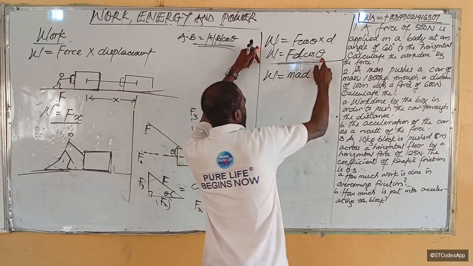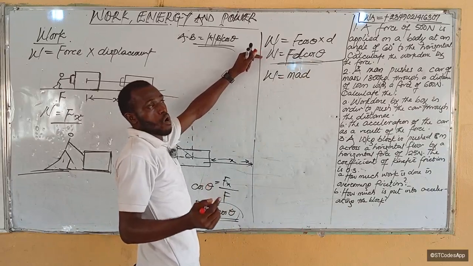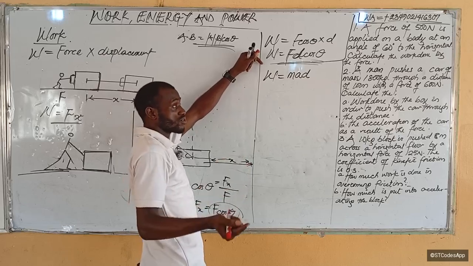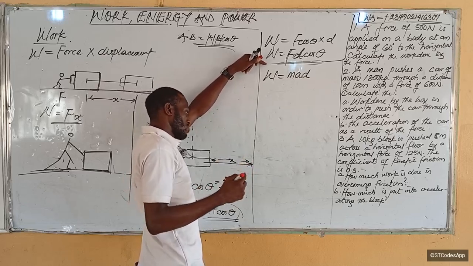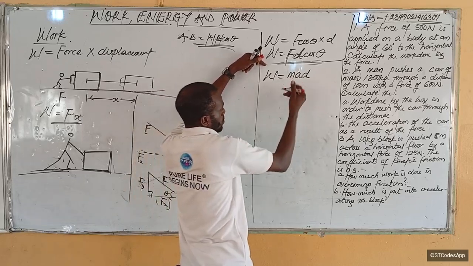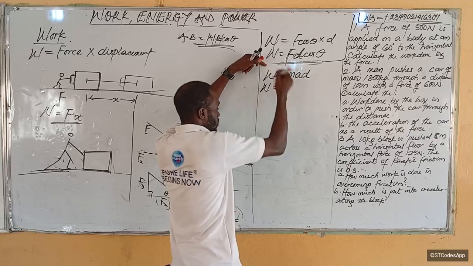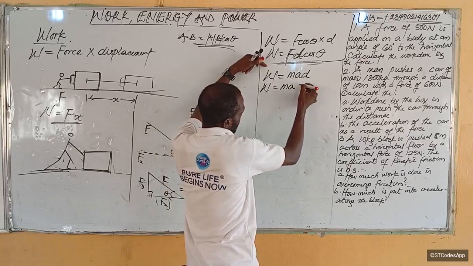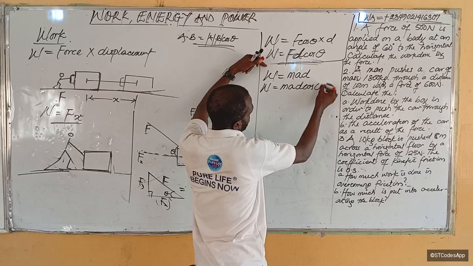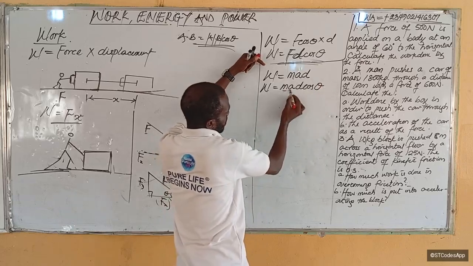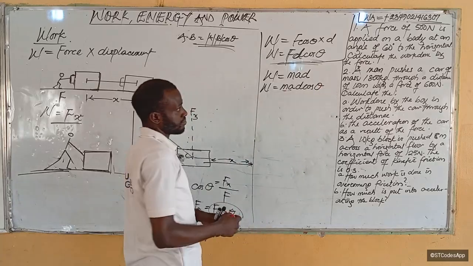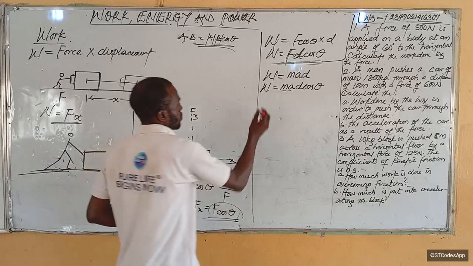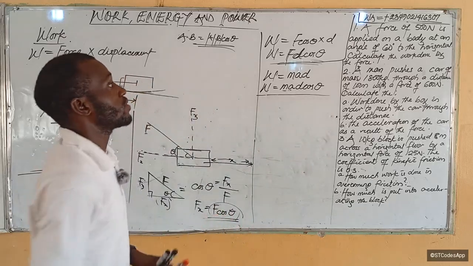So in a case where the angle between them is 0, cos 0 is 1, so the work done is m a d. Or if it's an oblique force, we have m a d cos theta, of course. These are the different changes that could occur with the formula. So that's the number 1 question.